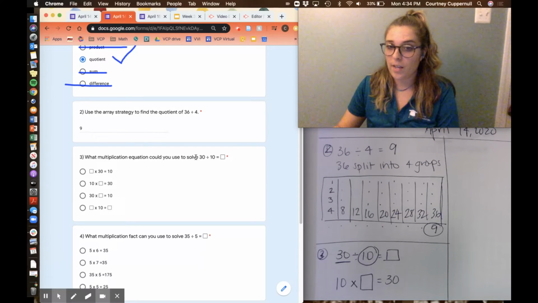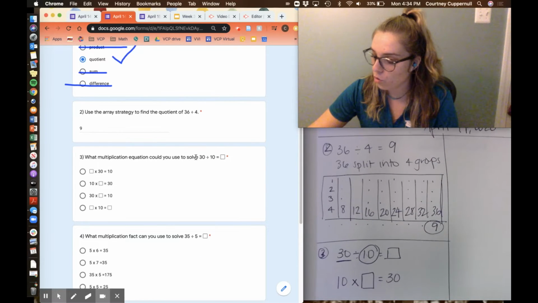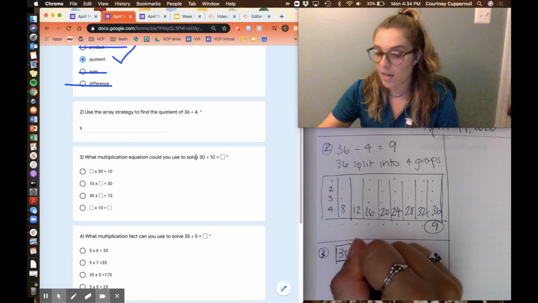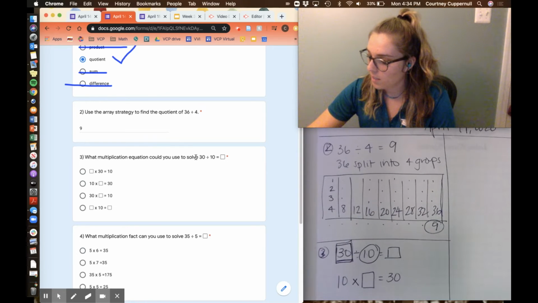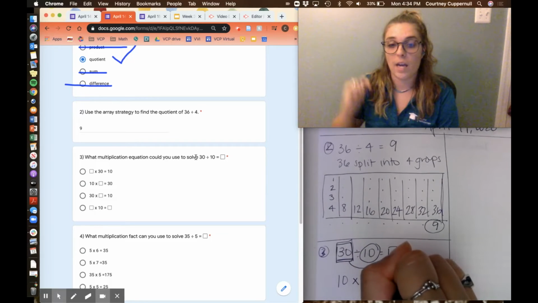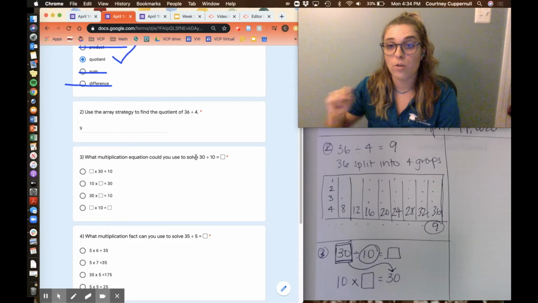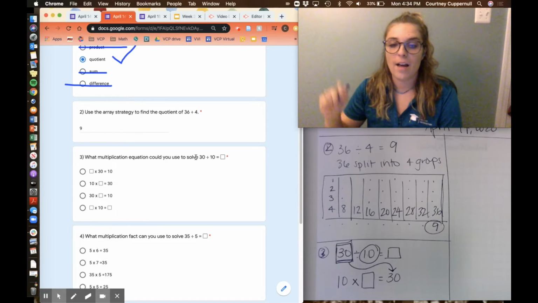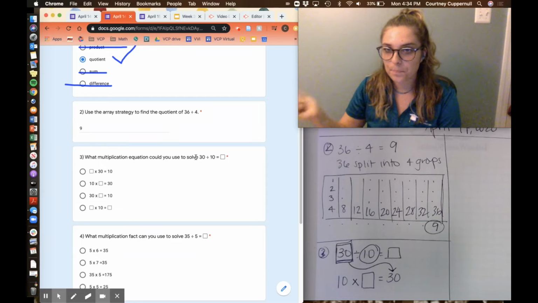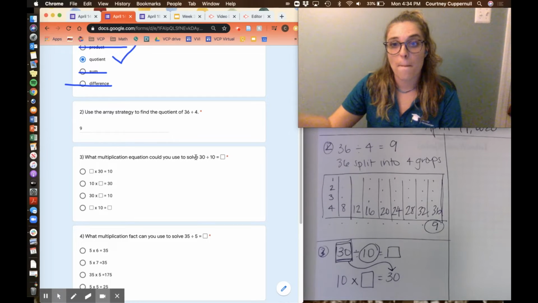So again, what I did was I took my total and I made that into my product, which is the answer to a multiplication equation. That goes after my equal sign, since that's what I would be multiplying up to.